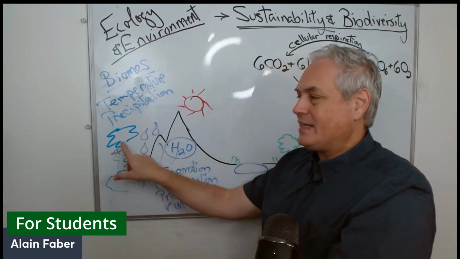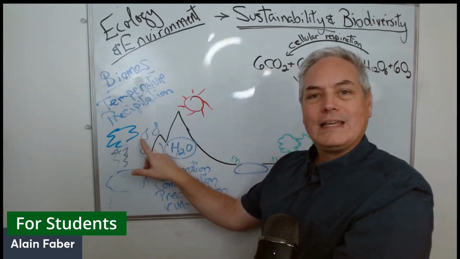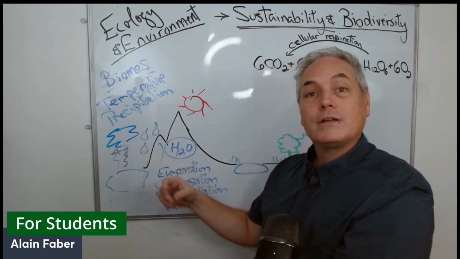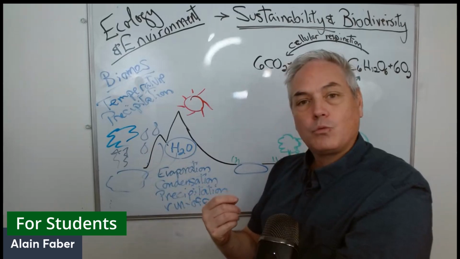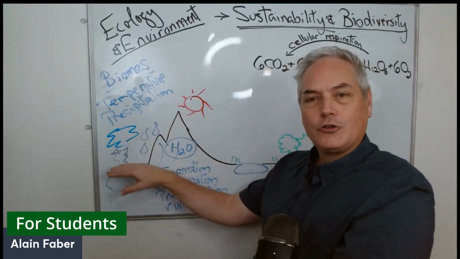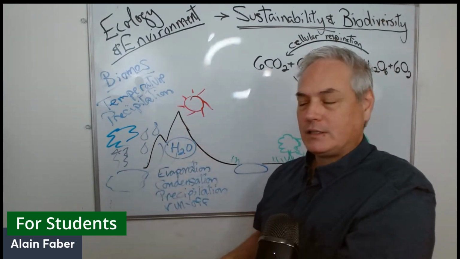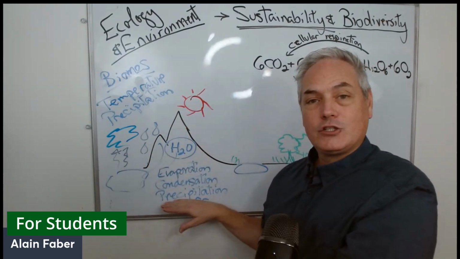And eventually, through condensation, this will form either water droplets or water crystals called snow. And it will either go here on the ground or it can even go on the top of mountains. So we have precipitation.